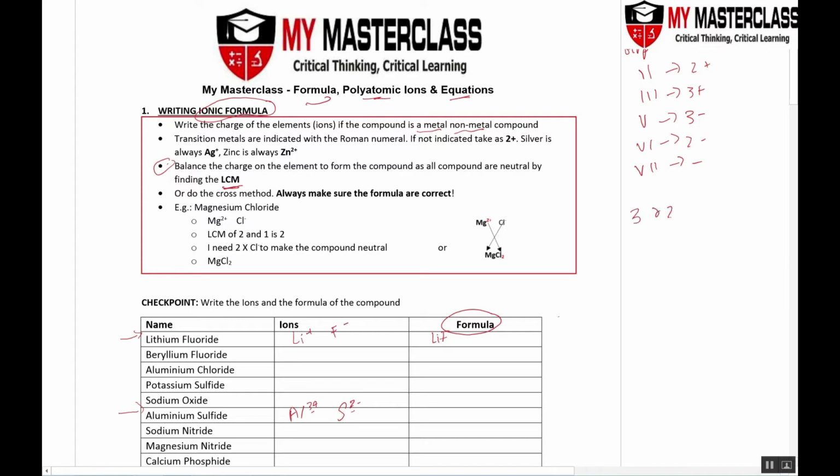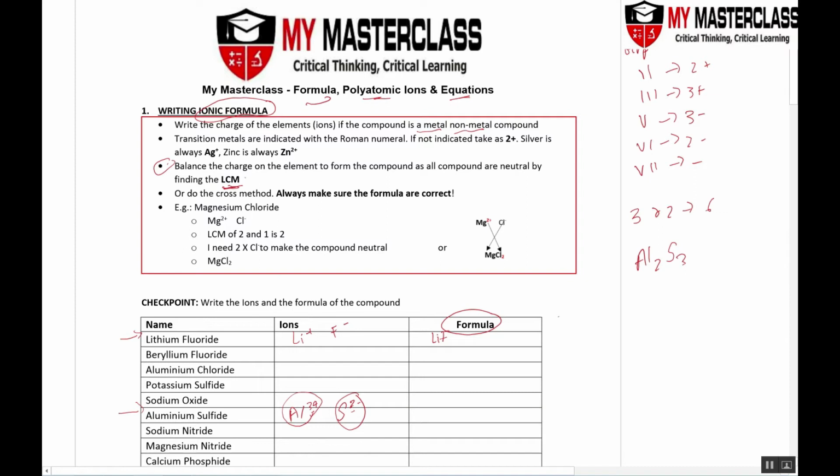For 3 and 2, the LCM is 6. For Al3+, how many do I need to get 6? You need 2, so Al is 2. For S2-, how many do I need to get 6? You need 3 times S2-, so it becomes S3. So this method is finding the LCM.